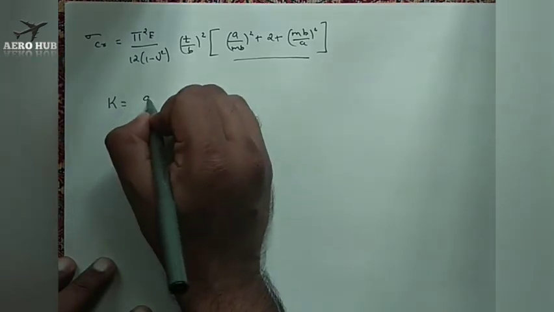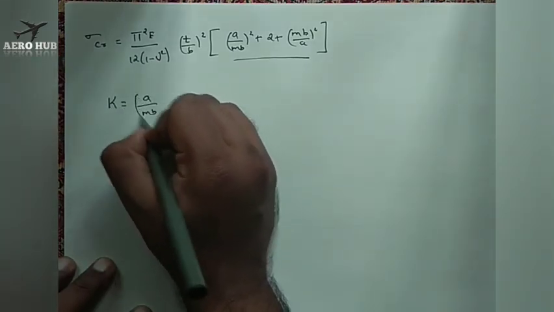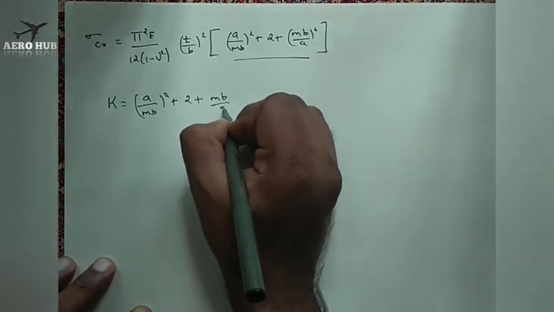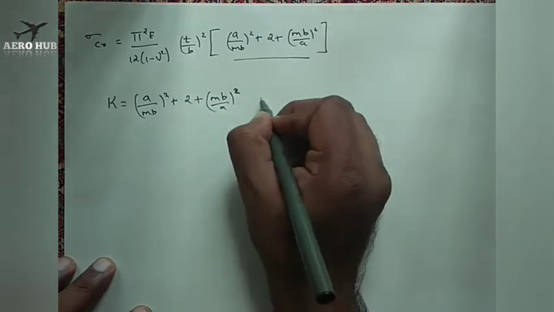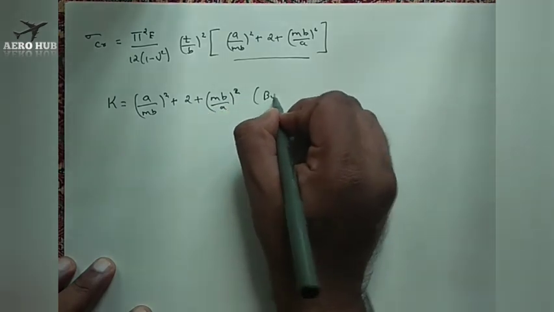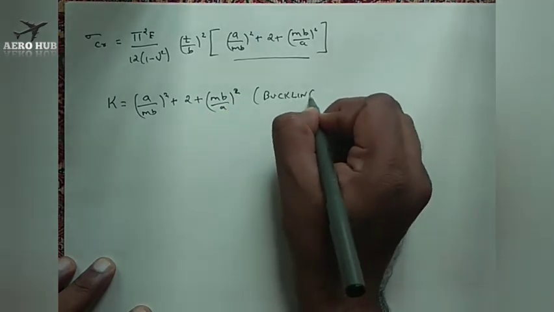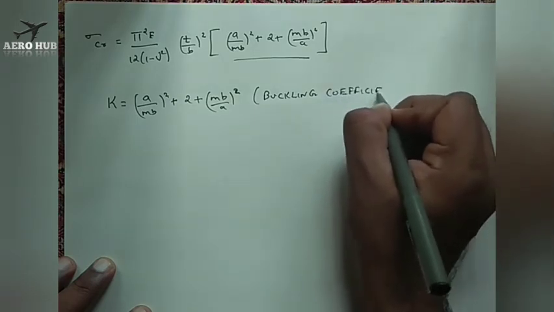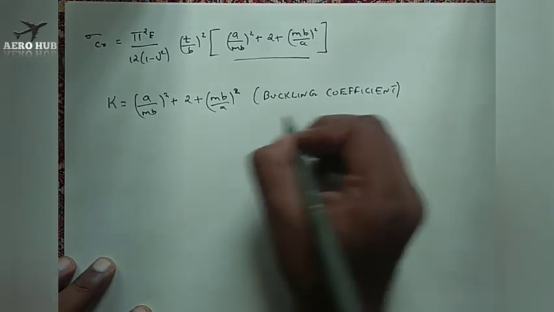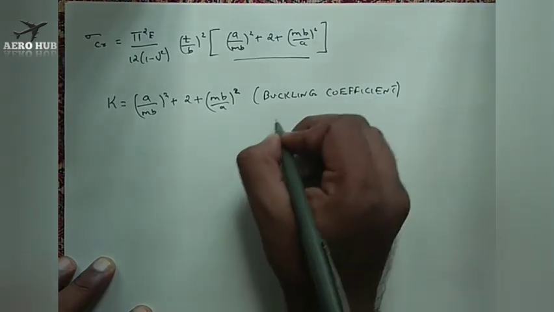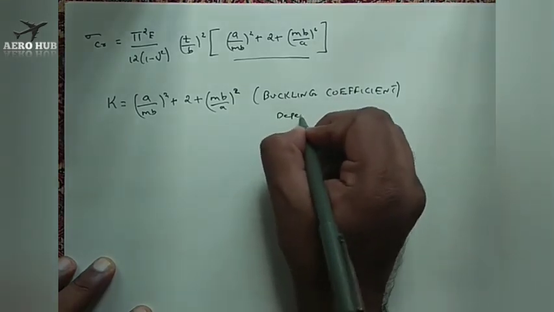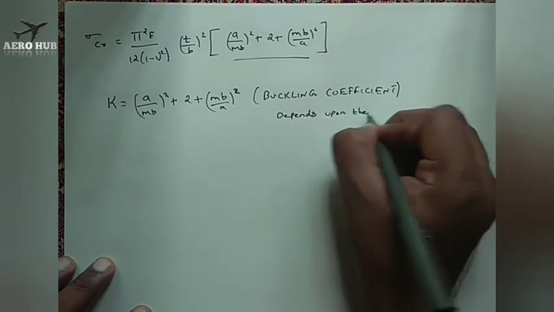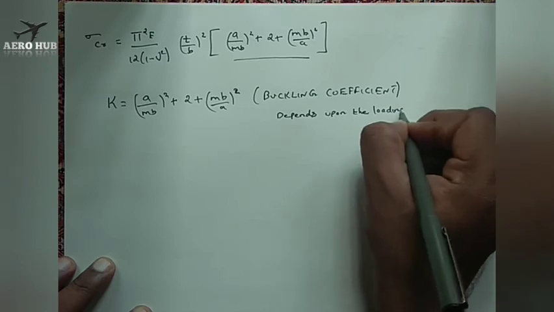K is equal to (a by mb)^2 plus 2 plus (mb by a)^2, and this is called the buckling coefficient. The value of k depends upon the loading condition.